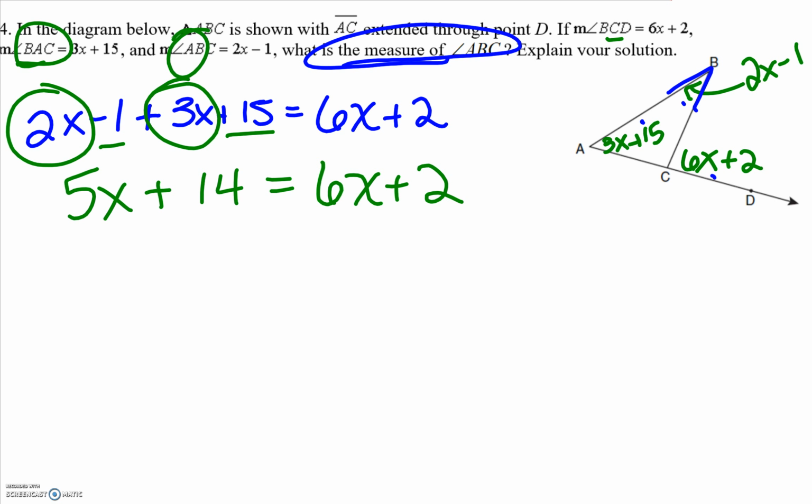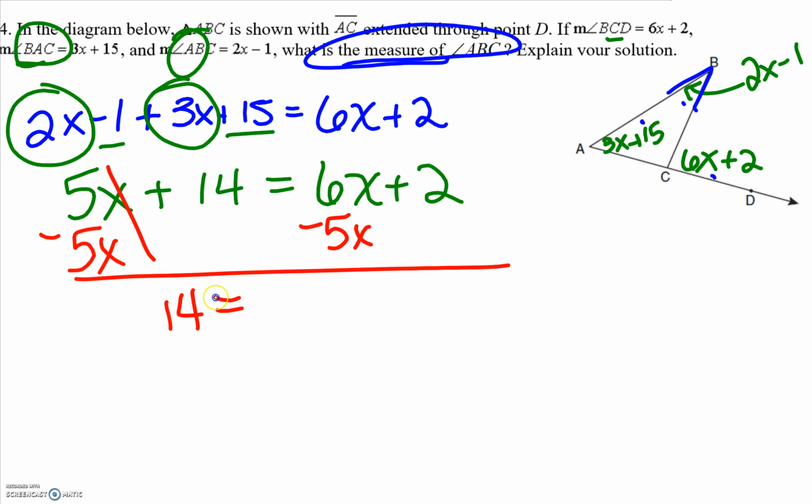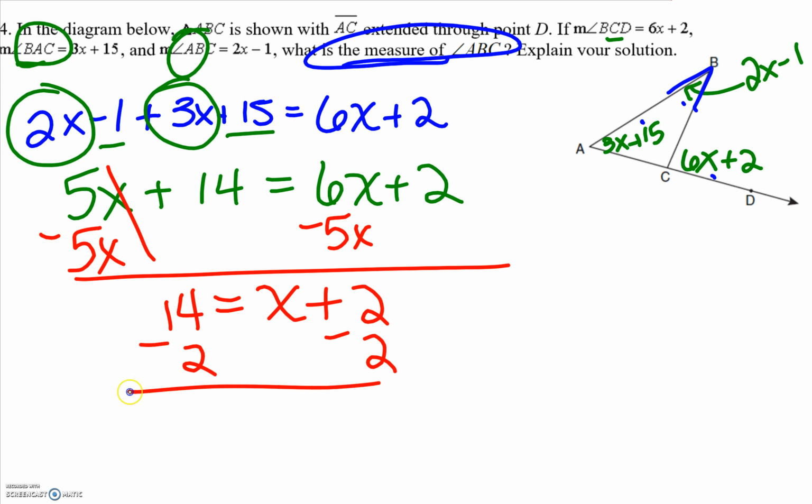Now I want to isolate my variable. I'm going to bring over my 5x, and we have 14 is equal to x plus 2. Now I'm going to subtract 2, and x is equal to 12. But again, we don't want to know what the value of x is. We just needed that to substitute back in.